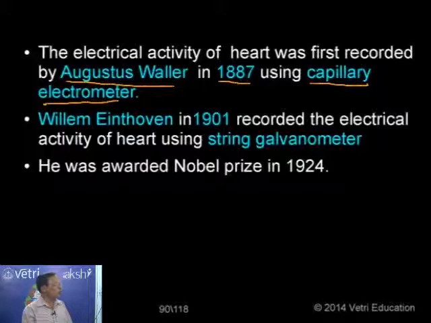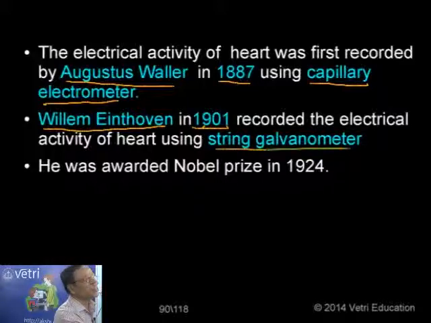And it was Ilangovan, a Dutch scientist and doctor, in 1901, who was the first person to actually use the string galvanometer to measure the electrical activity of the heart. His work led to the development of modern cardiography.